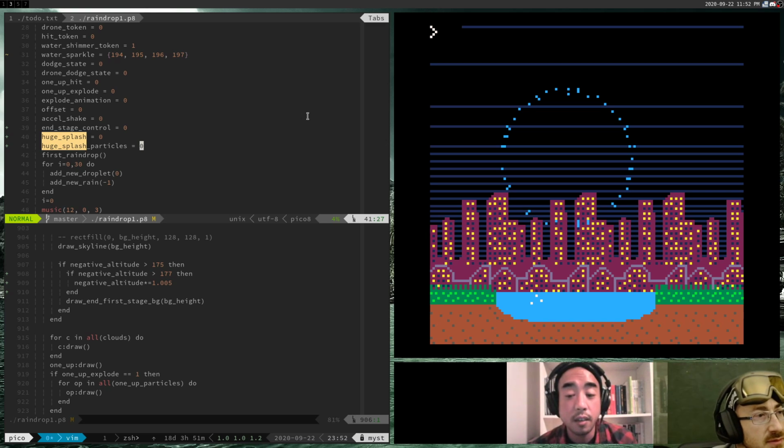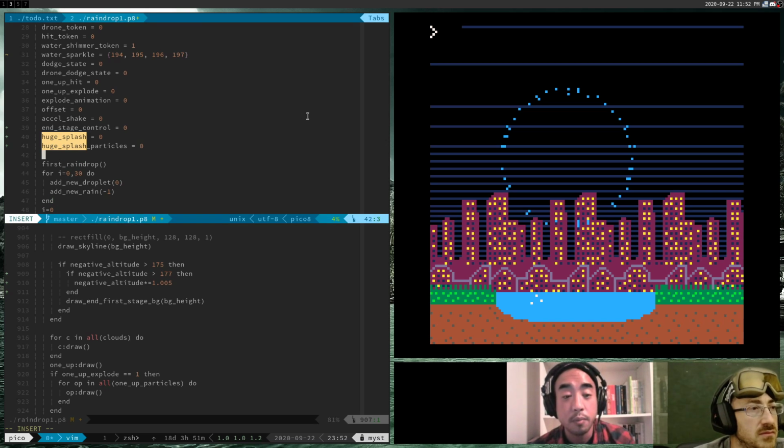Genesis was a 16-bit system, but it had way fewer colors. It didn't have 256 colors like the SNES had. And I think the Genesis was more of a dual-core 8-bit processor, so it was like two 8-bit processors, whereas Super Nintendo was a true 16-bit processor.